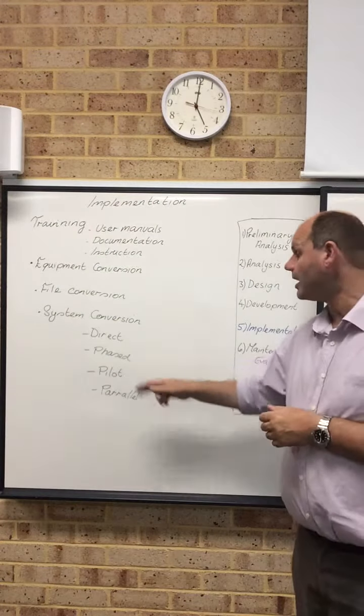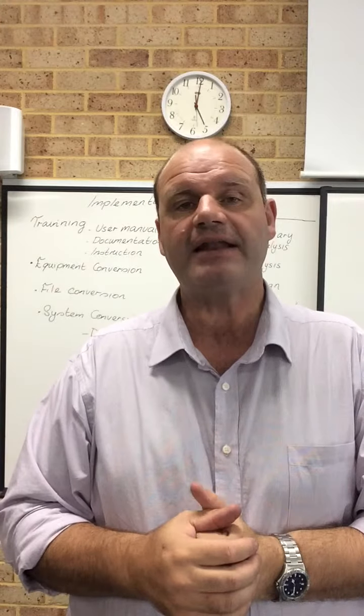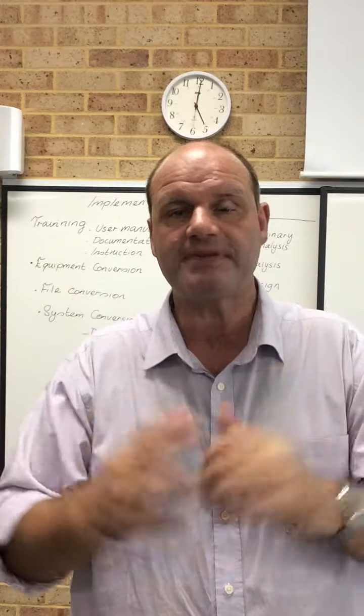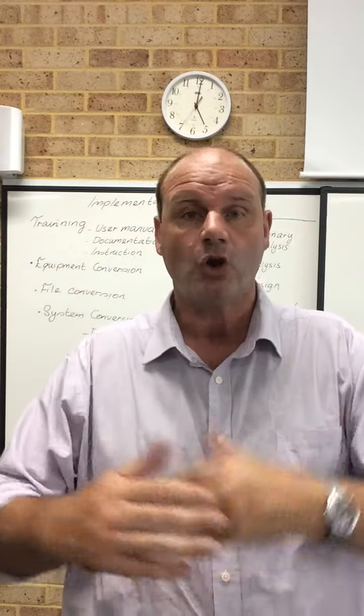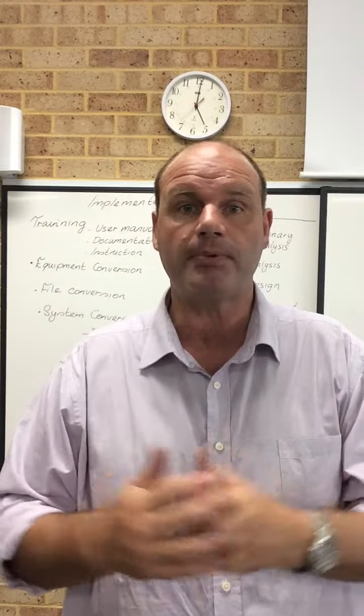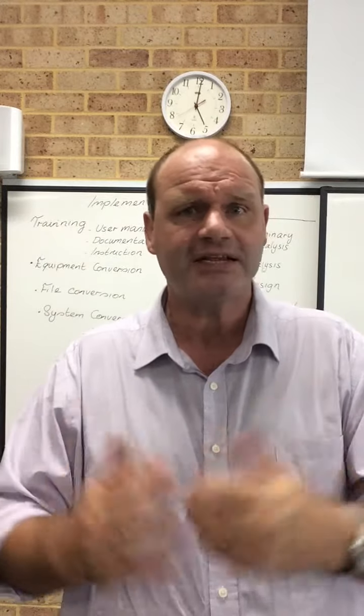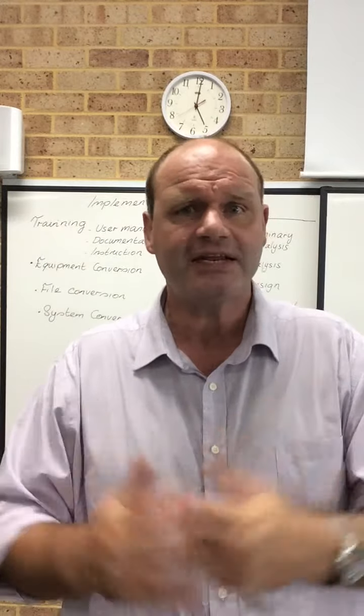Pilot. Pilot is where, say, a branch has the whole system installed into it. And then as a result of that, that particular branch with the whole new system on that branch will go and iron out all of the problems. It's a little bit like using this video with Dun Craig.